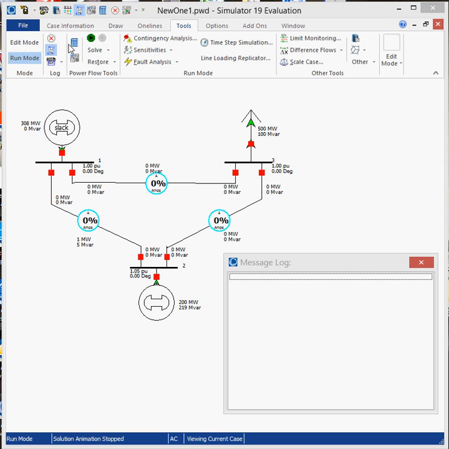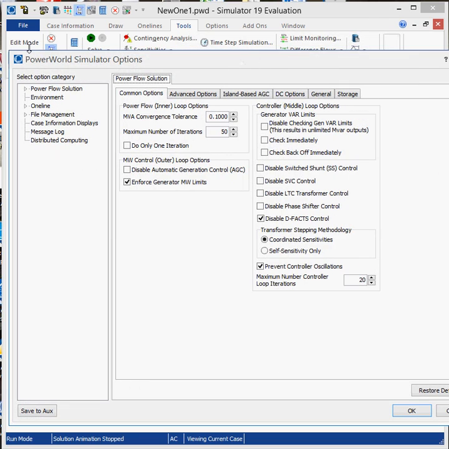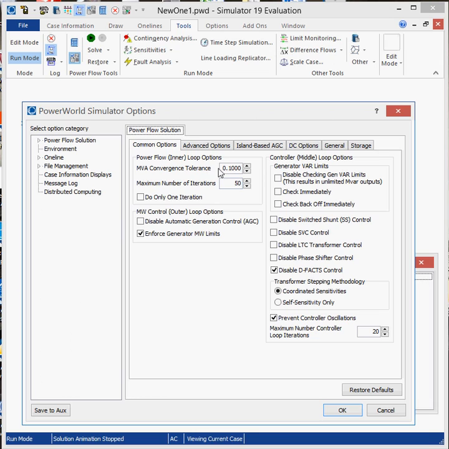So first thing is you need to set the tolerance of your system. So maybe you can put this one as 0.5, let's say, and then the maximum number of iterations, make it like 5.